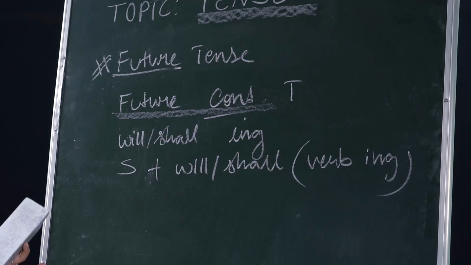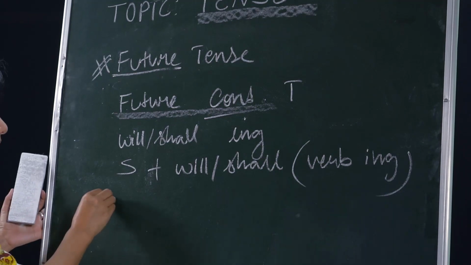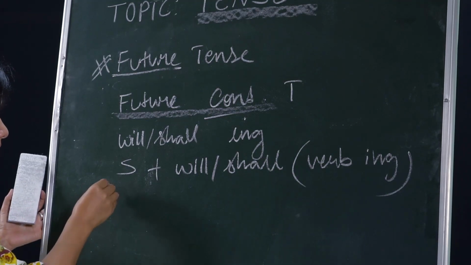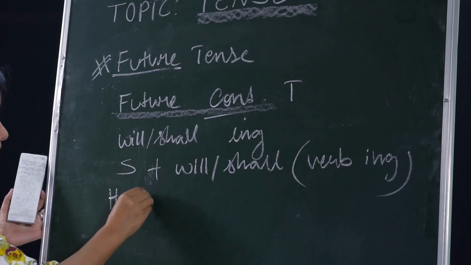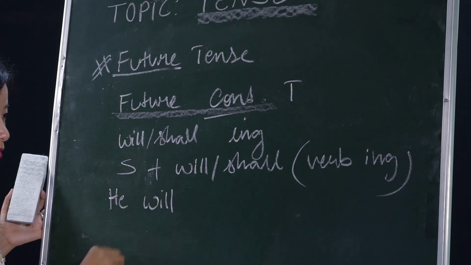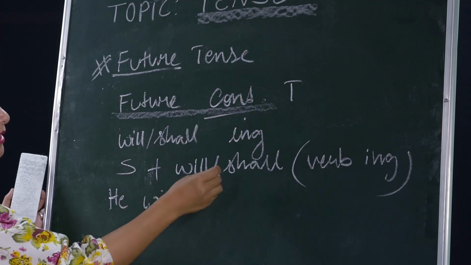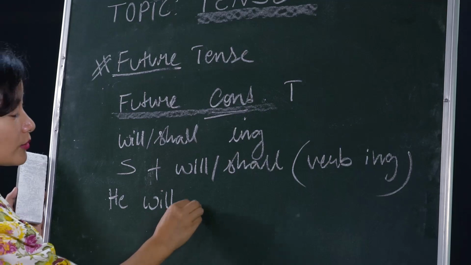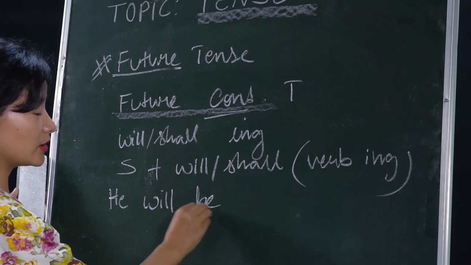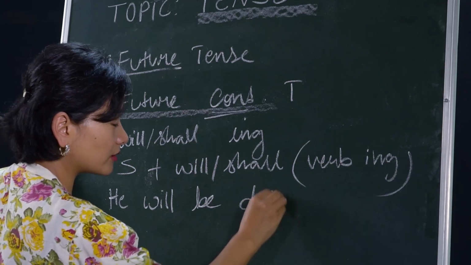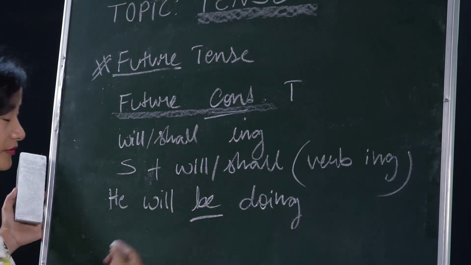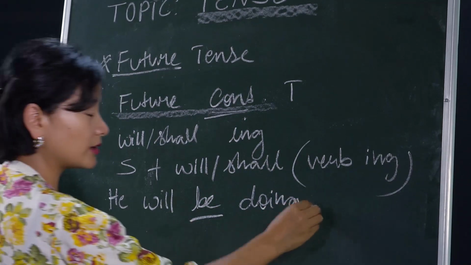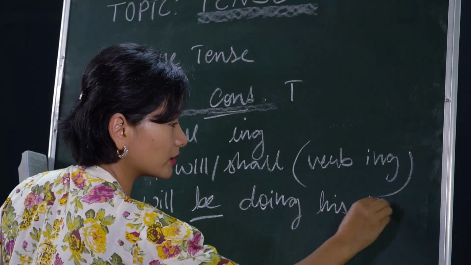Let's try to put it into a sentence here. So in this case, let's go with he will. Let's go with homework again. He will, we need a continuous verb here. He will, so we need a be verb here. He will be doing, a helping verb. Be is a helping verb, all right? So he will be doing his homework.